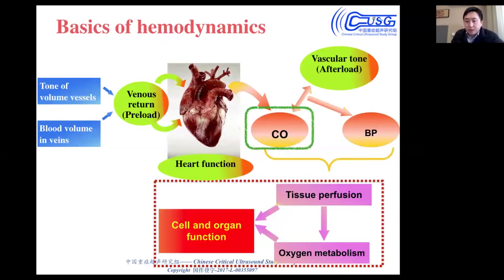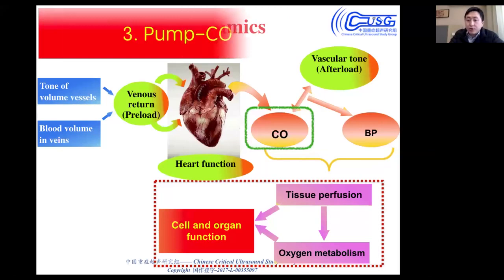So under these conditions, we should think about whether the cardiac output is enough. When we face a patient with good blood pressure and bad tissue perfusion, the cardiac output needs to be assessed carefully, and the measures to increase the cardiac output are very important and should be put on the table.